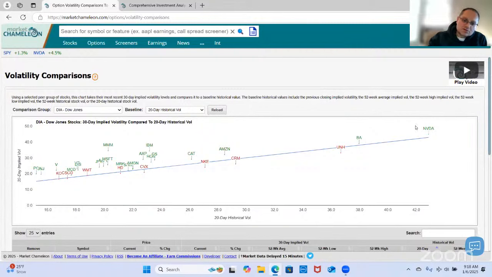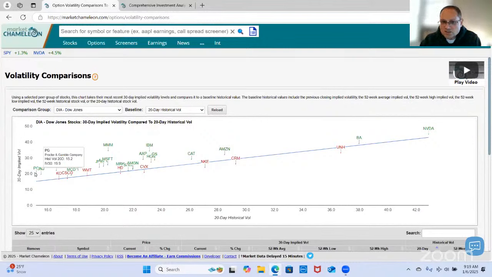On the other end of the spectrum here, we see that Procter & Gamble is trading at a 19.9 volatility, but in the last 20 days, the stock volatility traded at 15.2. So this also looks like the market is anticipating, or at least pricing in, that volatility in the next month is going to look higher than it has in the last 20 days. Okay.